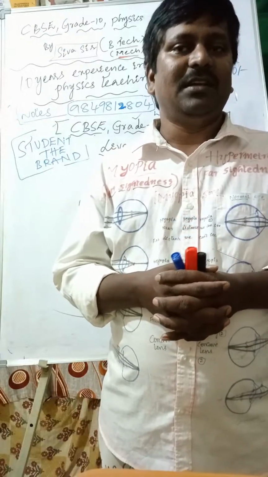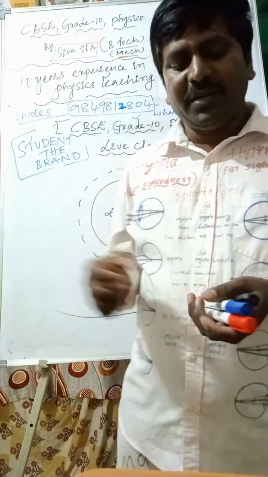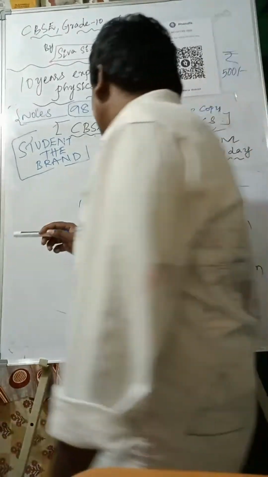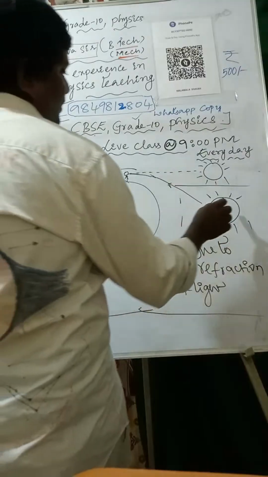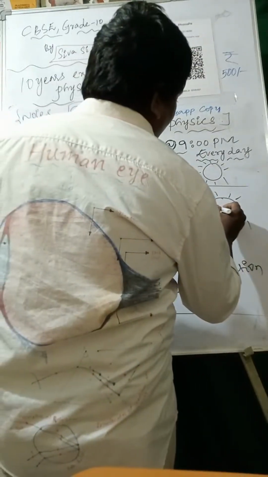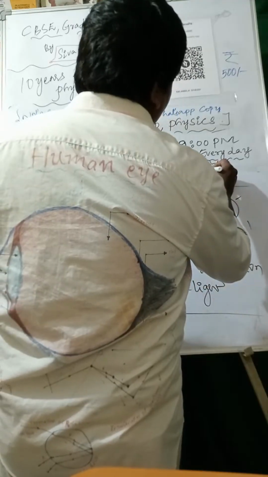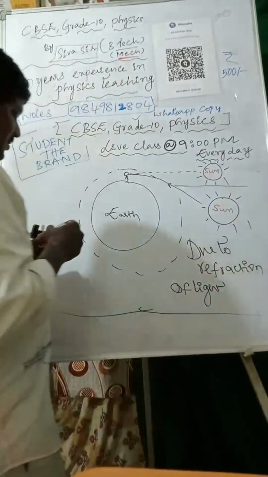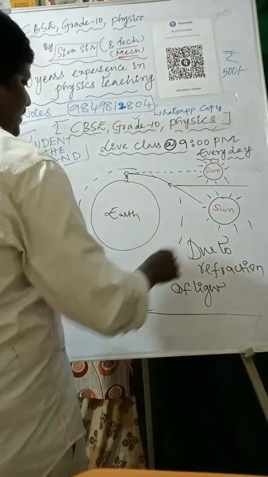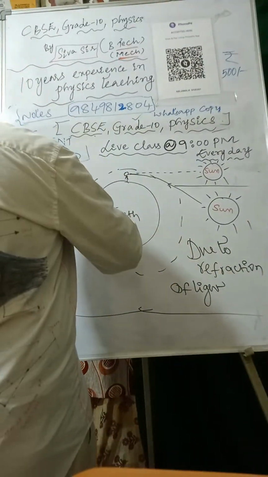So now, atmospheric refraction. Atmospheric refraction means, so here you can see, this is the earth and this is the sun. Whenever the light ray comes through like this, here is the atmosphere, this is the earth.